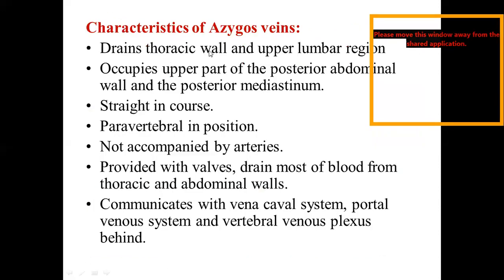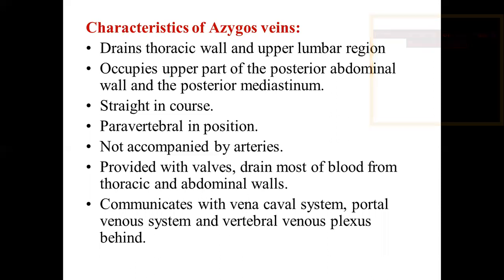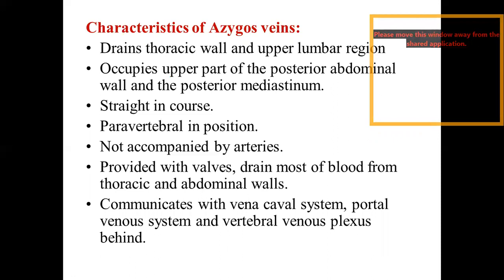There are some characteristics of this azygous vein, that is, it drains the thoracic wall and upper lumbar region. It occupies the upper part of posterior abdominal wall and the posterior mediastinum. The course of this vein is quite straight. It is paravertebral in position, just beside the vertebrae.